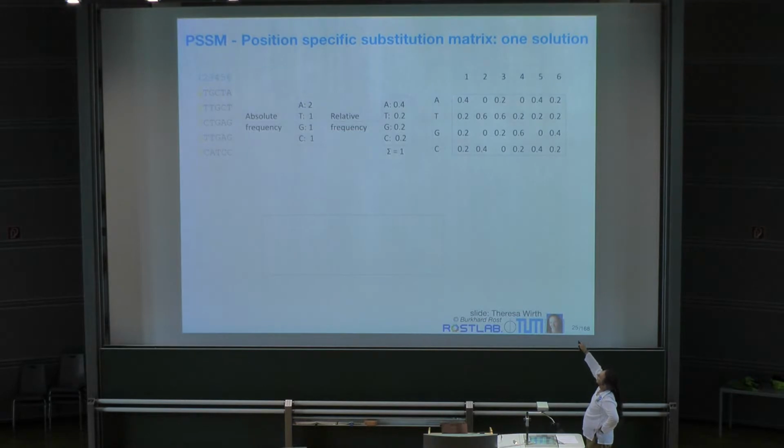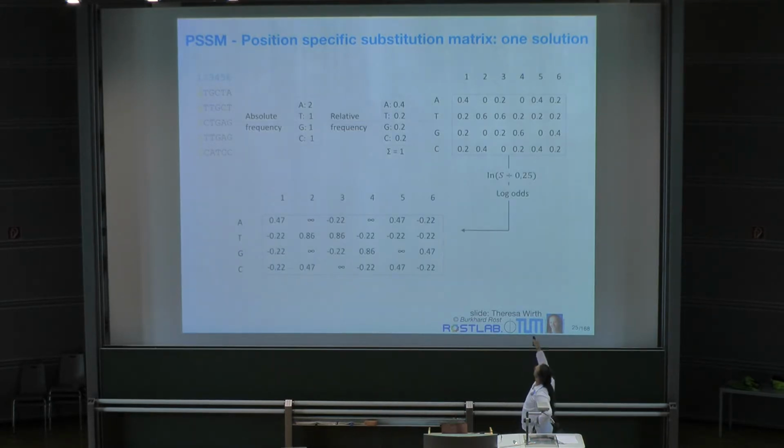That gives you a matrix at every single position, 1, 2, 3, 4, 6 here, for each one of these 4 nucleotides, the observed probability. That probability with log odds you can compile into a matrix that is like the one before, but that one is specific to the example that I showed.